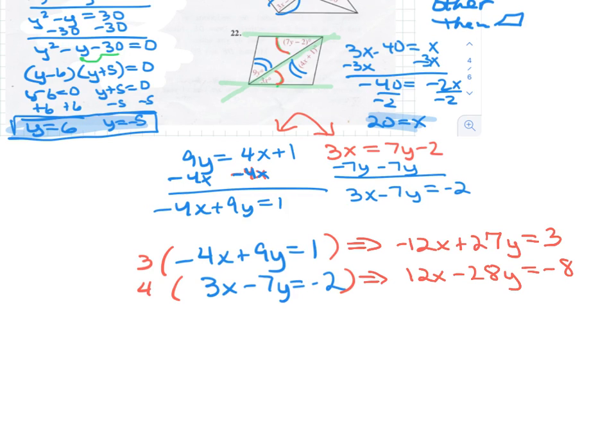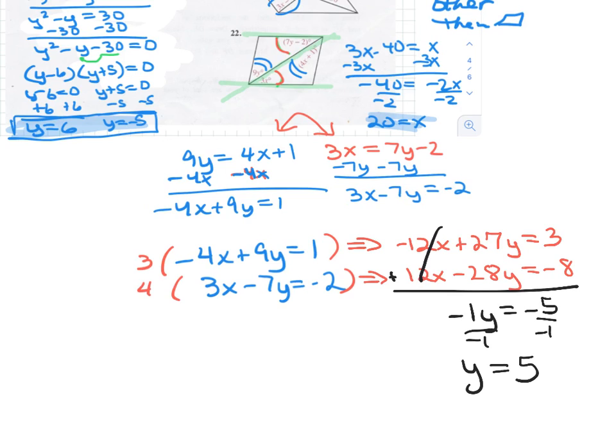I now can add my two equations together, which will eliminate the x. 27 minus 28 is negative 1y. 3 minus 8 is negative 5. And then now I can divide by a negative 1 because I don't want a negative y. So my value of y is 5. And now to get my value for x, I can plug it back into one of my equations. It doesn't matter which.